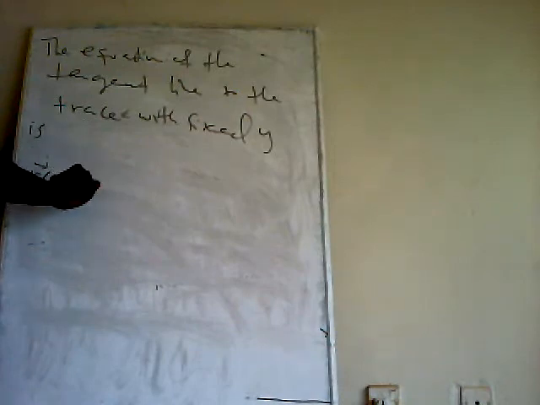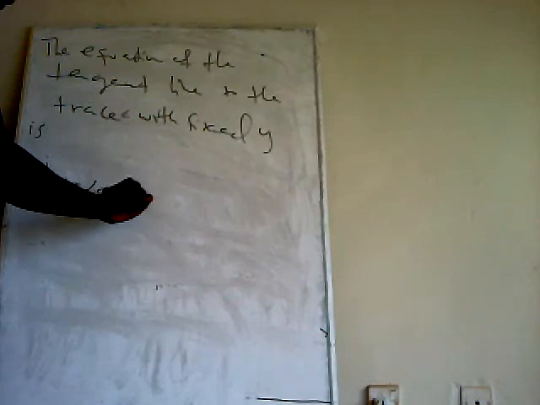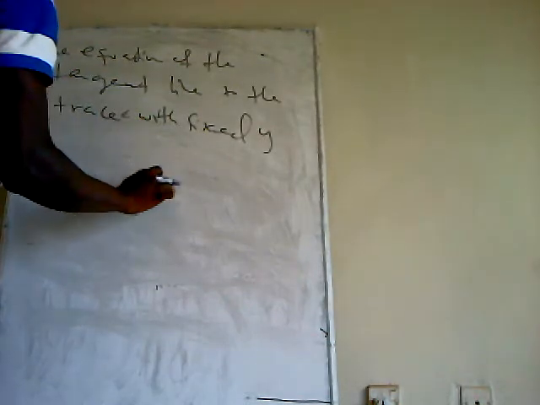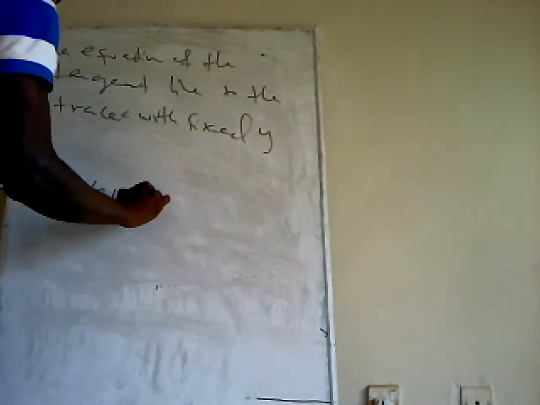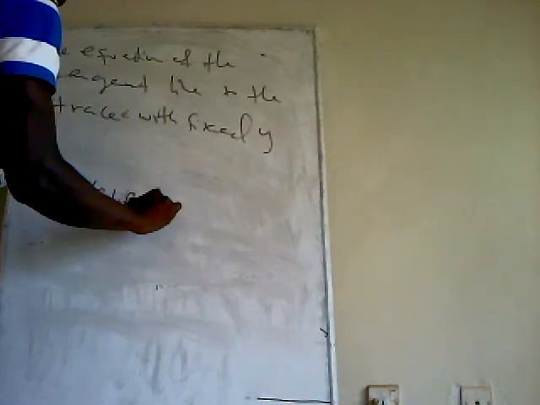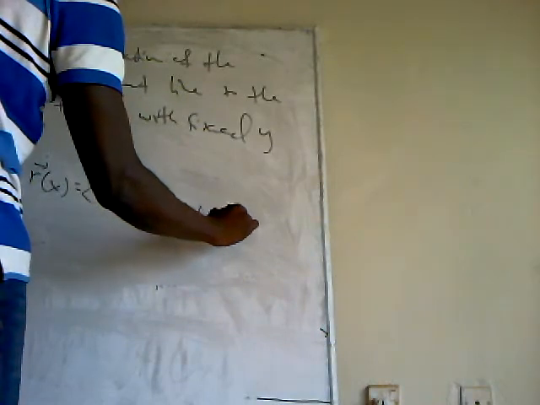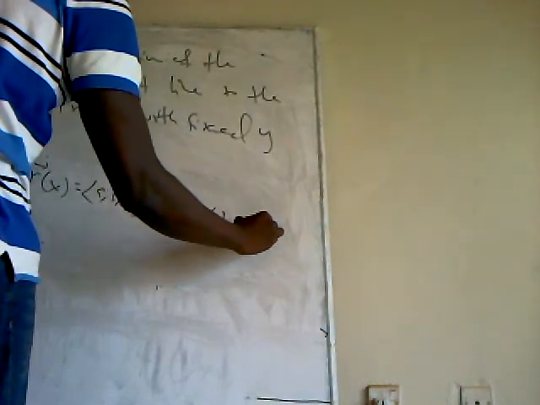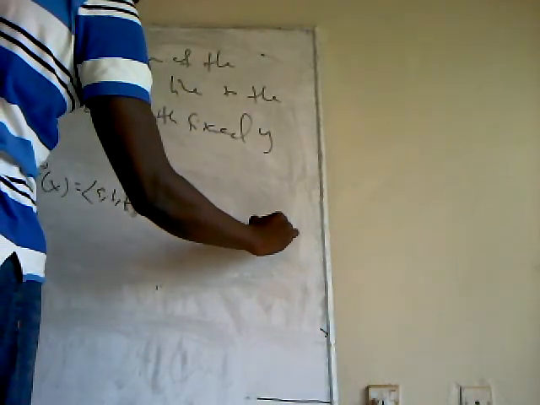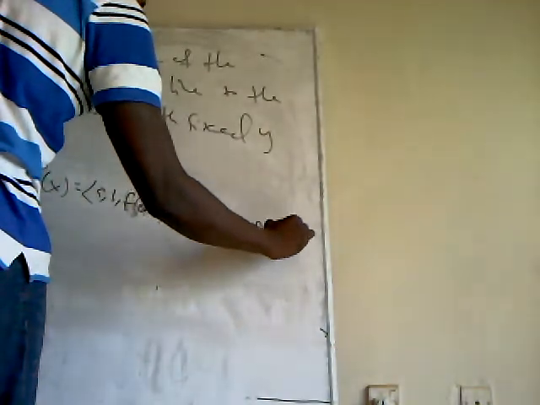So we put this one here: at the point a, b, f of a, b, plus t times 1, 0, fx at a, b.